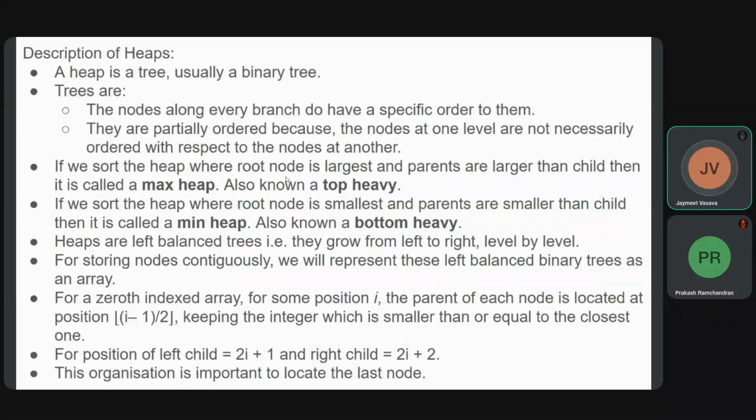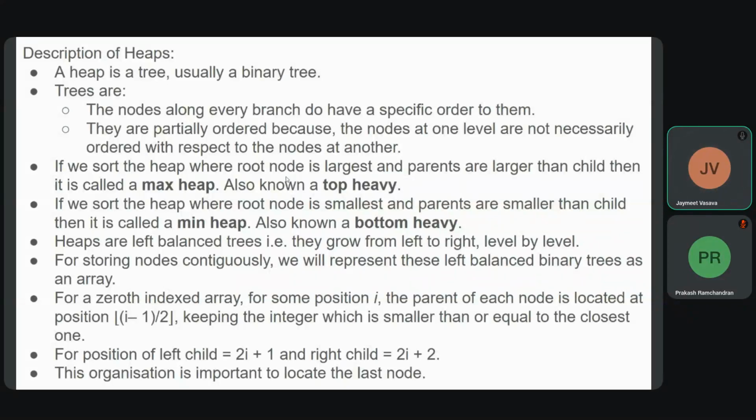If we sort the heap where parents are larger in value than the children, or parents have more value than the children, then it's called a max heap or a top heavy approach.